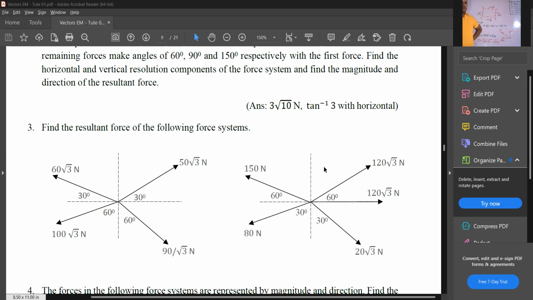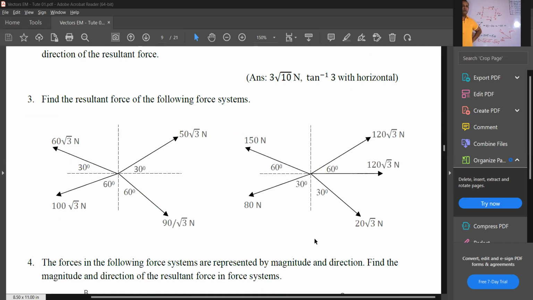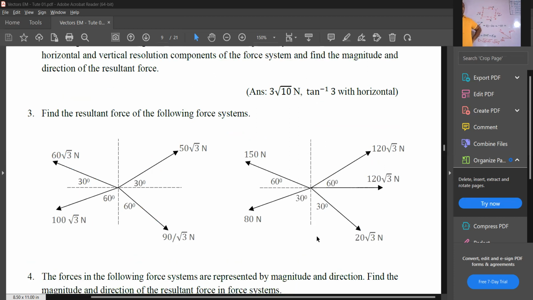You can use the same method, that means the vector resolving method, to find the resultant force of this kind of vector system. Using that method, solve these two questions in question number 3. First, do these two questions.